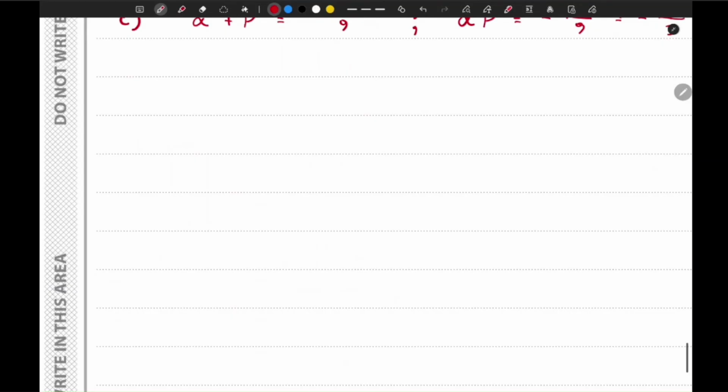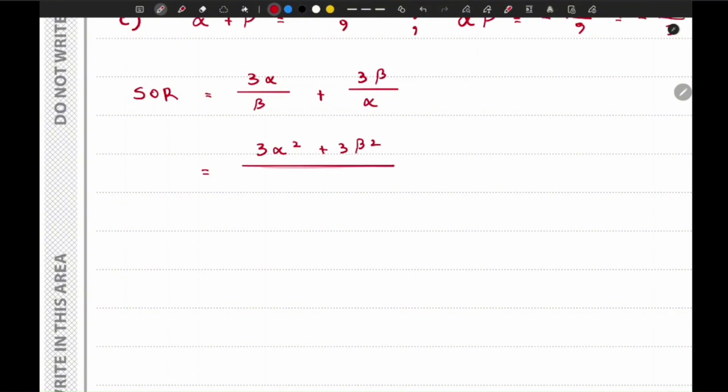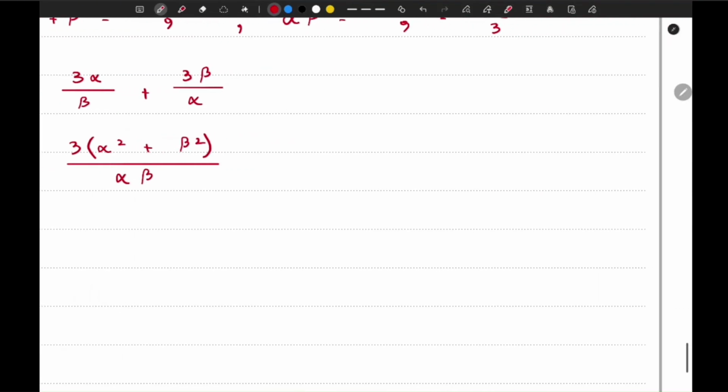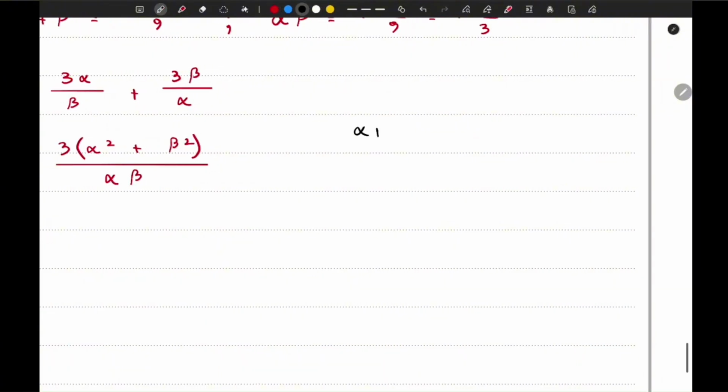So first of all, we need to find out the sum of roots. So 3 alpha divided by beta plus 3 beta divided by alpha is equal to 3 alpha squared plus 3 beta squared divided by alpha beta. If we take 3 as common, we get alpha squared plus beta squared. Now we do not know the value of alpha squared plus beta squared, but we can find it using this formula.